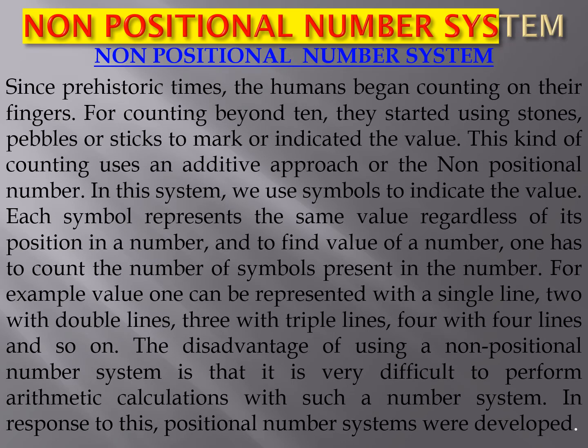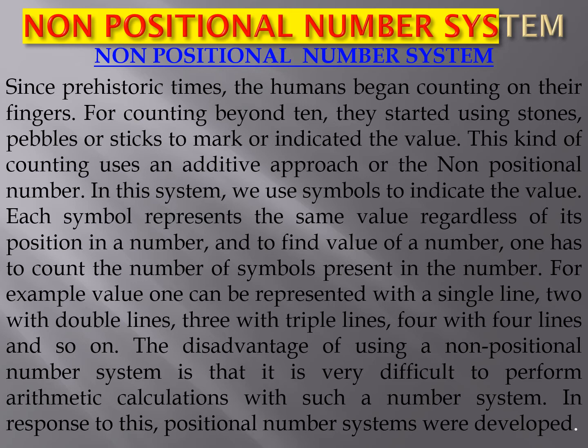Since prehistoric times, human beings began counting on their fingers. For counting beyond 10, they started using stones, pebbles, or sticks to mark or indicate the value. This kind of counting uses an additive approach, or non-positional numbers. In this system, we use symbols to indicate the value.